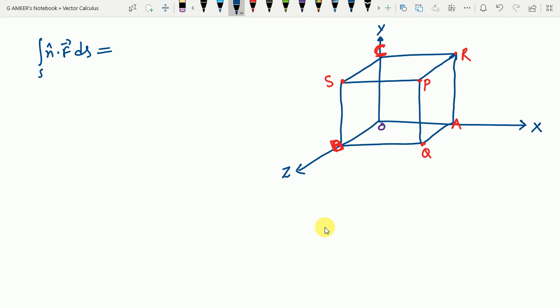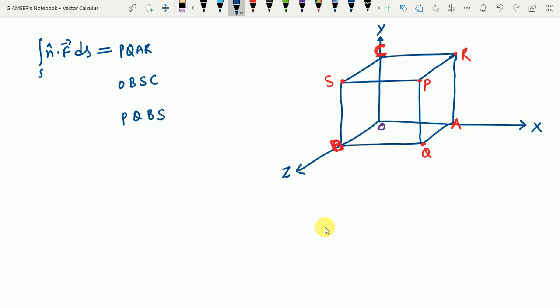You can start. The first face will be PQAR. Then next, after PQAR, let us take the next face, it is your wish, OBSC. The next one will be PQBS.